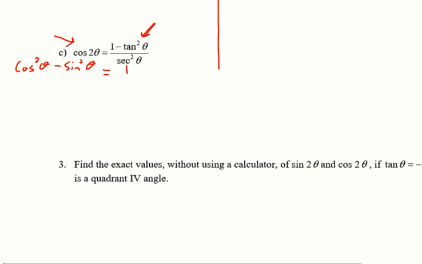I'm going to write this as 1 over secant squared theta minus tan squared theta over secant squared theta. So I just split them up, they're both over secant squared theta. And then I'm going to rewrite this. 1 over secant squared theta is the same thing as cos squared theta. So in my mind, I'm looking at this like, okay, that's cool.